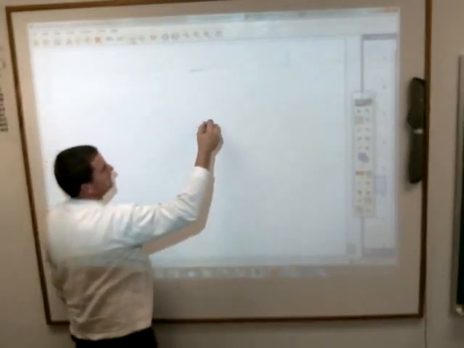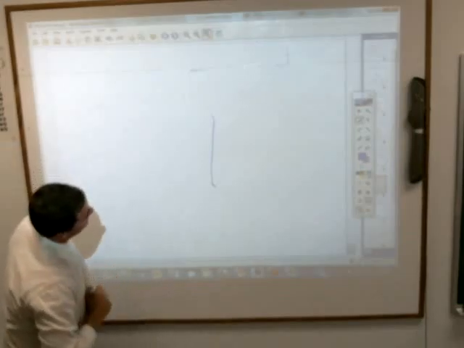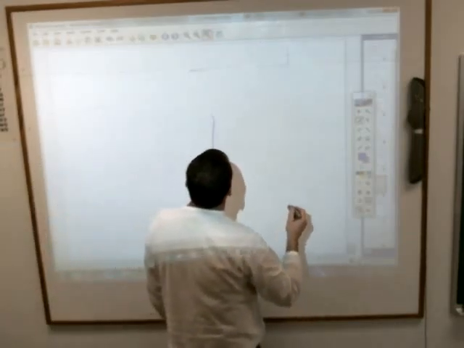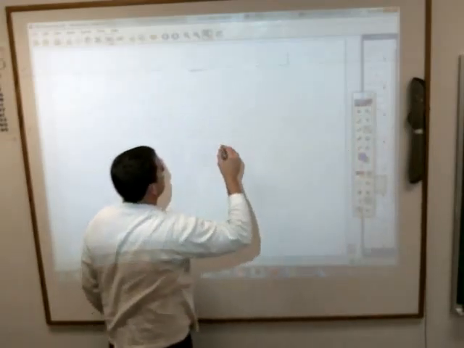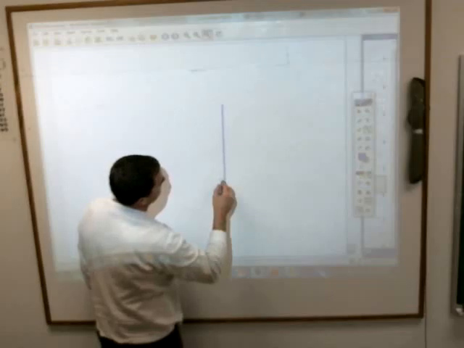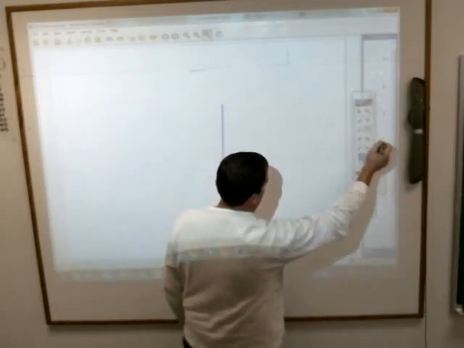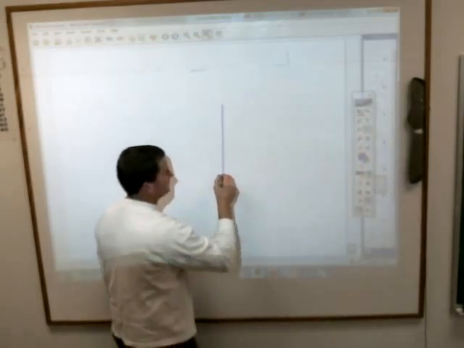Draw a completely vertical line. Is that vertical? I'm just asking, does it look vertical? Here, let me do this. There's my vertical line. See if this makes any sense to you. Is that vertical? Yeah.